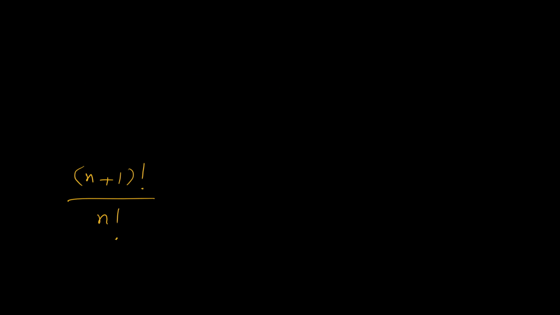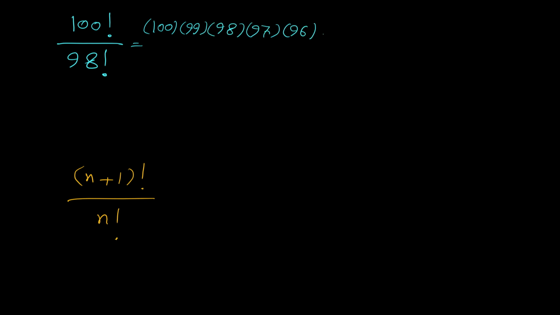Suppose you want to simplify this: 100 factorial divided by, for example, 98 factorial. If you want to write 100 factorial, you have to write 100 times 99 times 98 times 97 times 96. It takes forever to write up to 1.